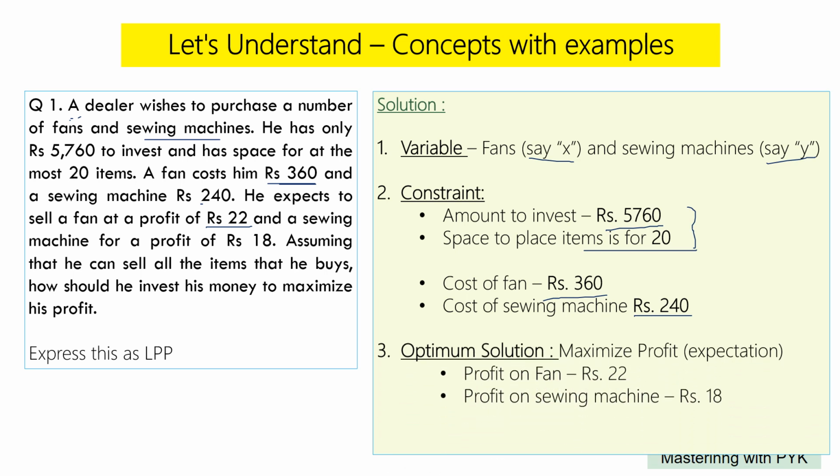For the optimum solution we need to maximize profit, and the dealer's expectation is a profit of rupees 22 from the fan and rupees 18 from the sewing machine, right?